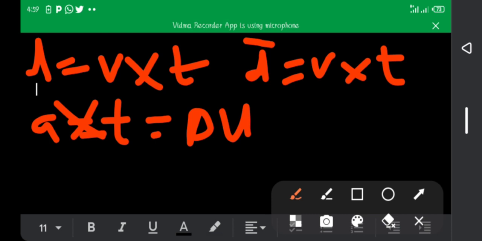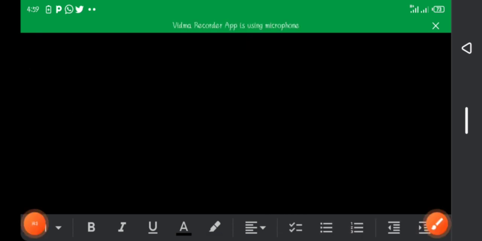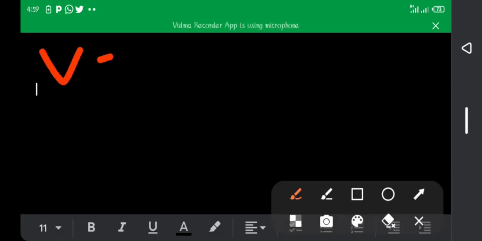So with that said, now let's go to the equations of uniform motion. Now we have 4 of them, but most textbooks will give you 3. The first is v equals u plus at.